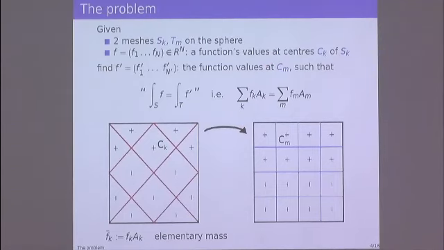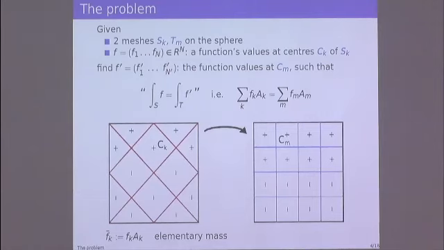Such that, what is the conservation requirement exactly? It's that the integral, the total mass of f on the source mesh, is equal to the total mass on the target mesh. But of course, how do you define this if you have only this discrete description? So there is a quadrature scheme here.